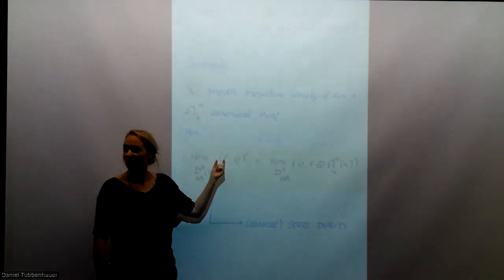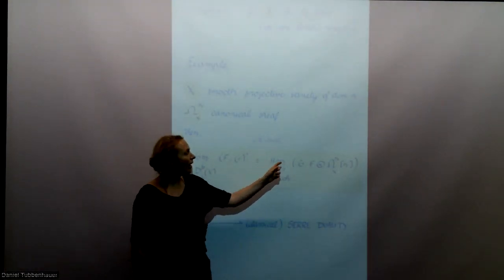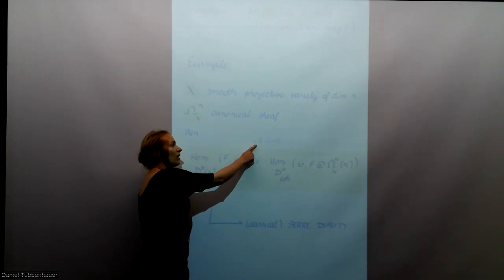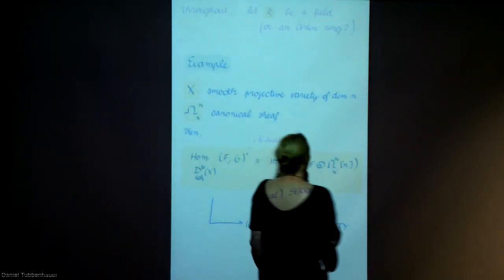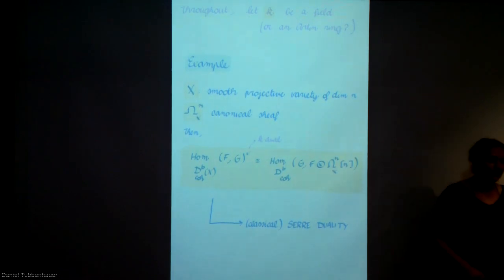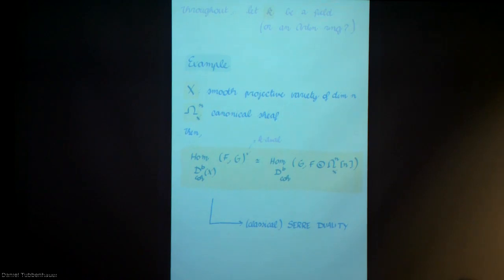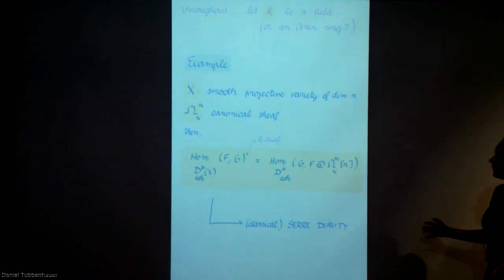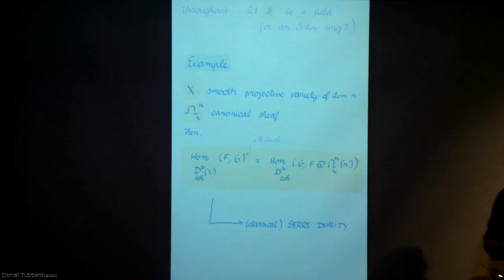So you can switch F and G around so that you get a k-dual on the left-hand side, and on the right-hand side, we're going to tensor with the canonical sheaf and shift by the dimension. So this is classical Serre duality. Very useful. I'm sure I don't have to convince you of that.